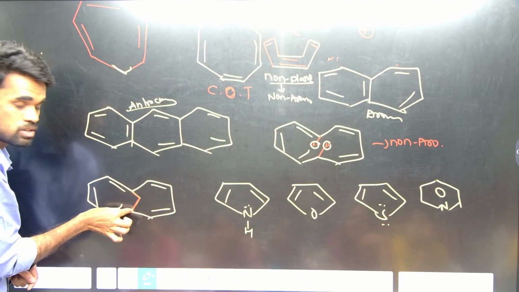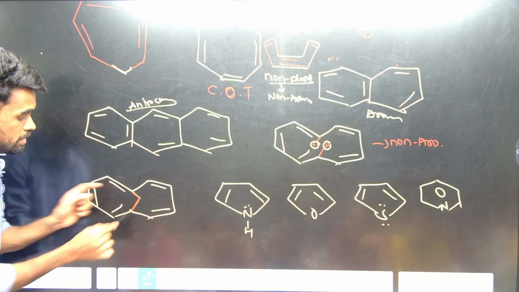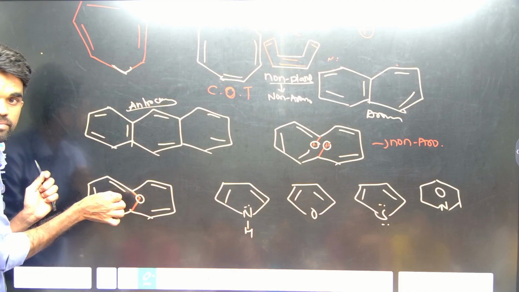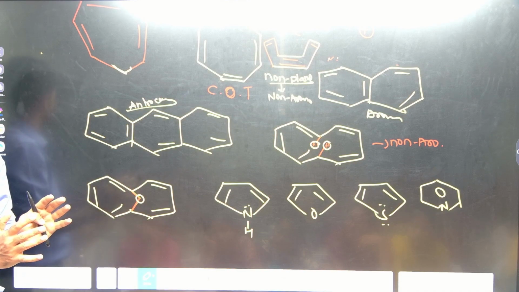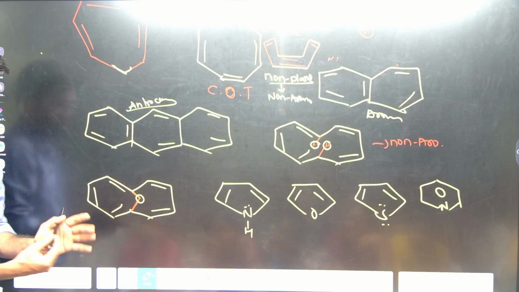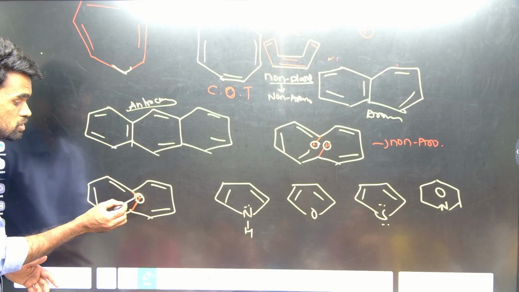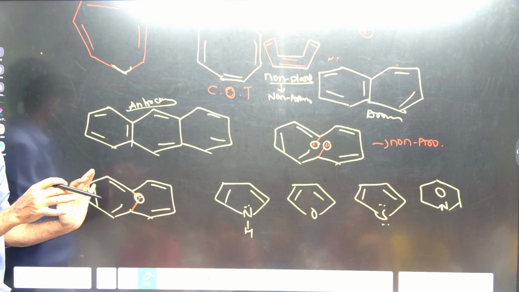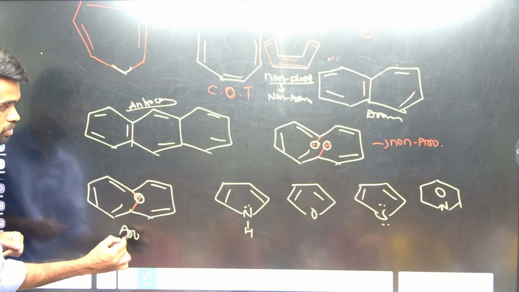Now this carbon is sp3, that is fine. But is it in the plane? No. This is out of the plane, but the remaining complete system is an aromatic system. So even though some compounds have an sp3 carbon, if it is not disturbing the conjugation, then the compound will be aromatic. Is this clear everyone? So this compound is also aromatic.